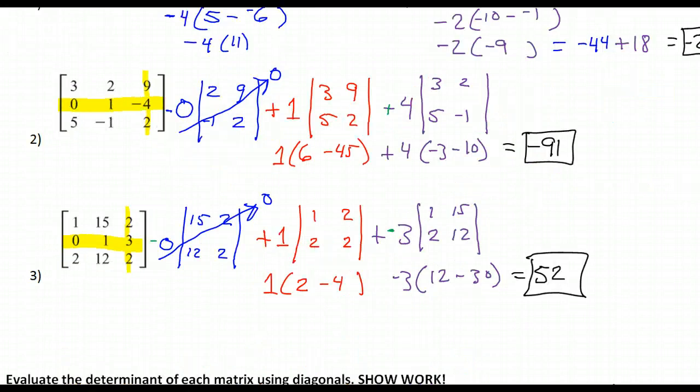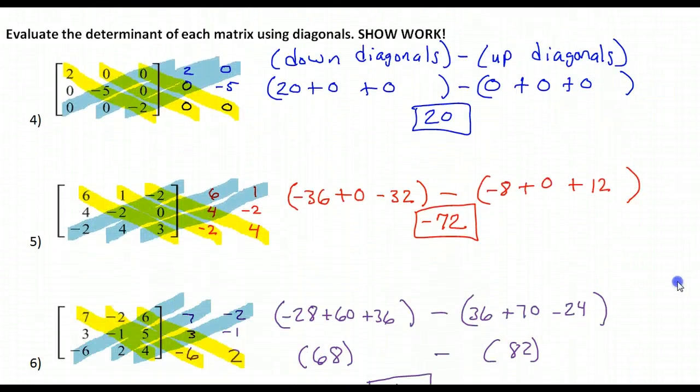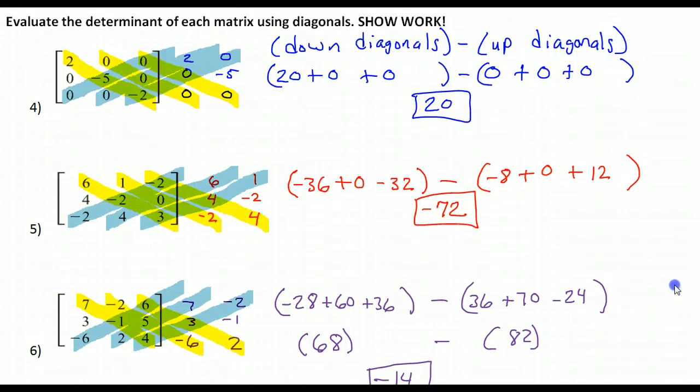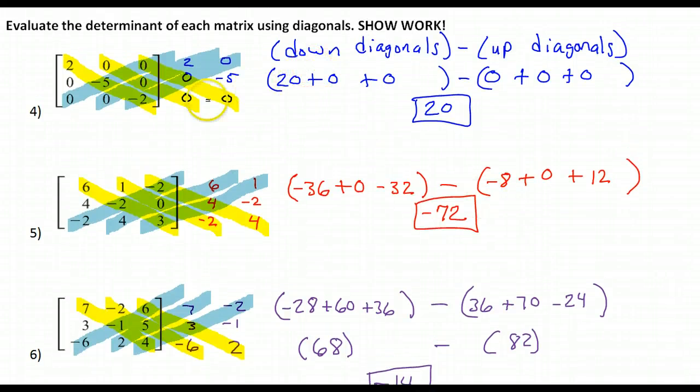And then I showed you how to find the determinant of a 3x3 matrix using diagonals. We simply recopied the first two columns, and then we did all 3 down diagonals minus all 3 up diagonals.